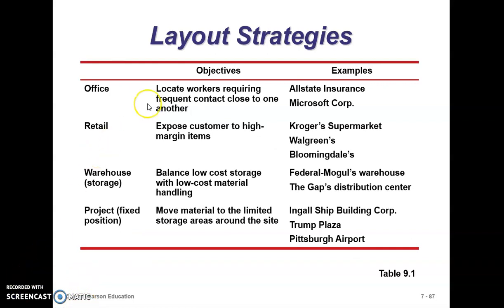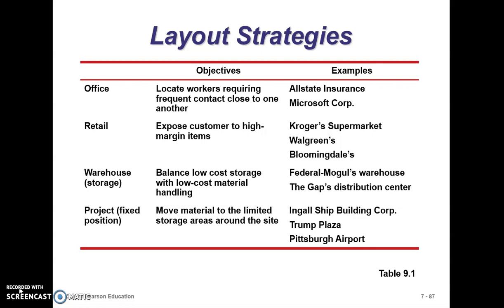Okay, for office, we want to locate workers requiring frequent contact close to one another. It means that in an office layout, we have partitions or cubicles, so it will transfer the information more easily, and we can classify based on the task, or what the positions of these people in the office are.